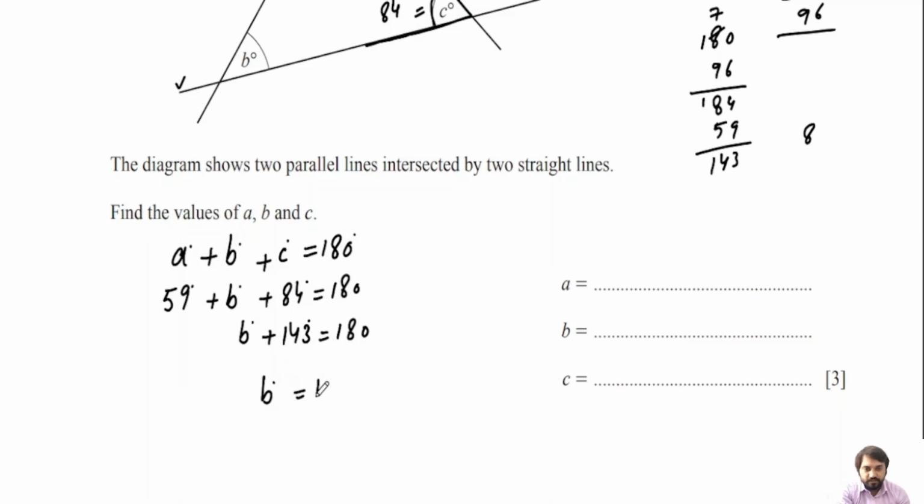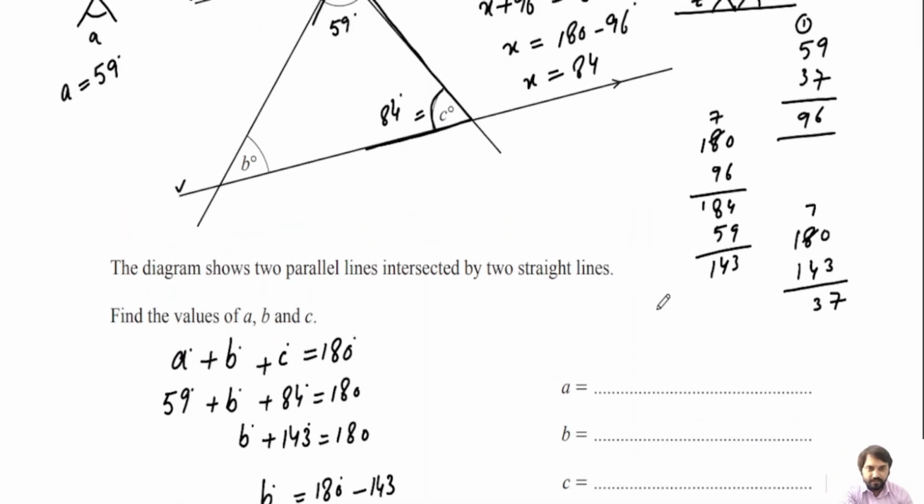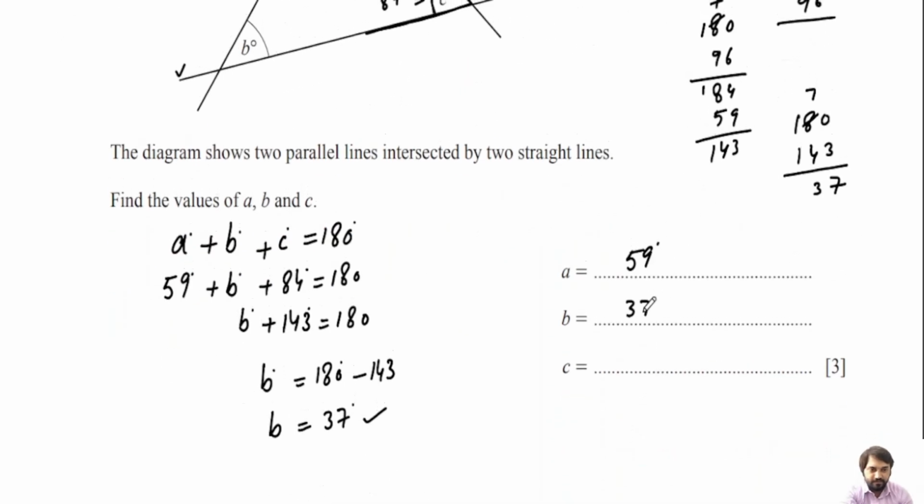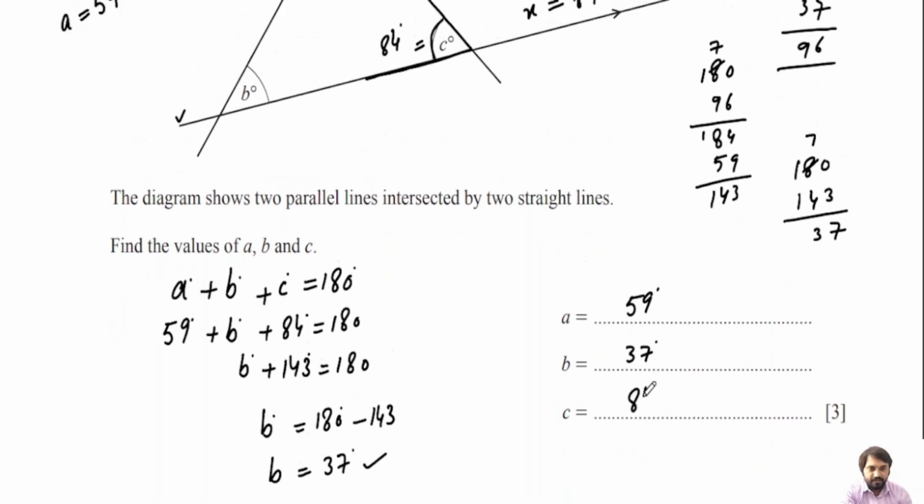Moving this term, B is equal to 180 minus 143, that is 37. So angle B is 37 degrees. Now we write it here. Angle A is 59 degrees. Angle B is 37 degrees. And angle C is 84 degrees.